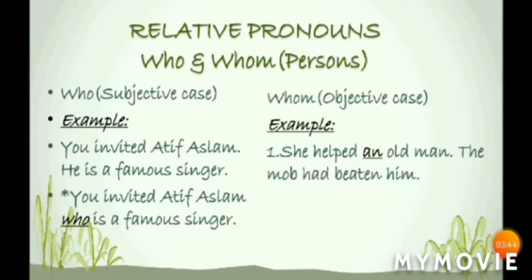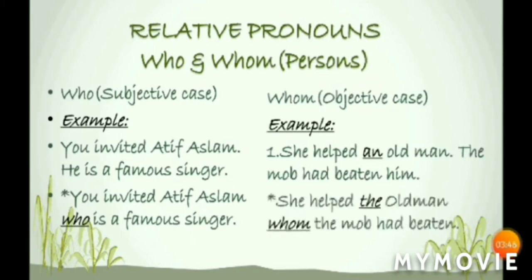You can observe the change in article from an old man to the old man. She helped the old man whom the mob had beaten. It is so because before joining, an old man is any old man, meaning general, but after joining it becomes a relative clause and now its sense is specific and not general.